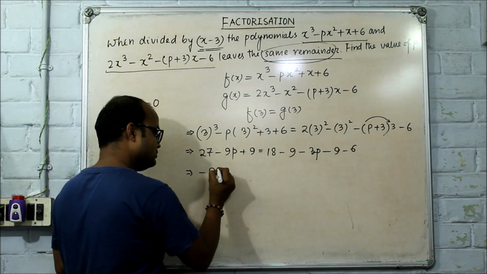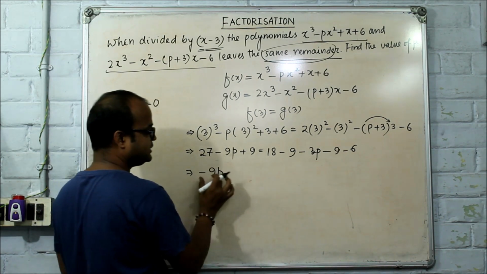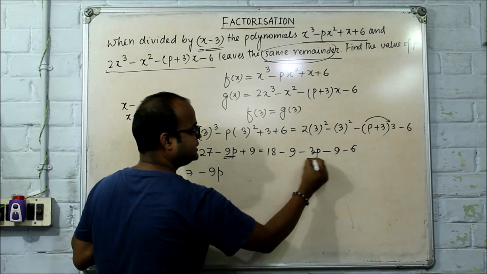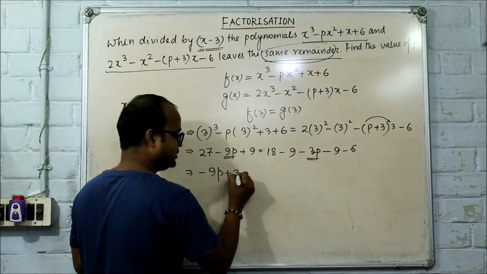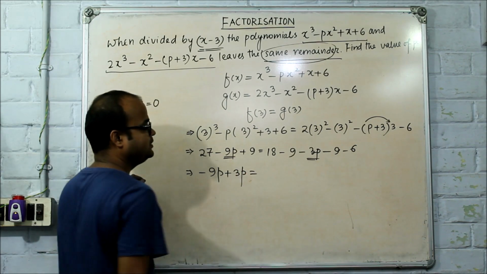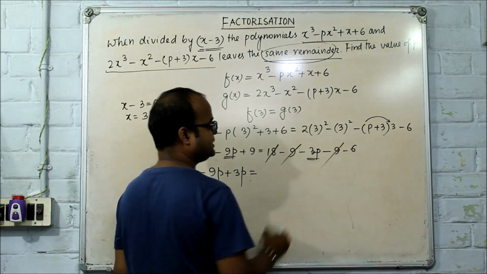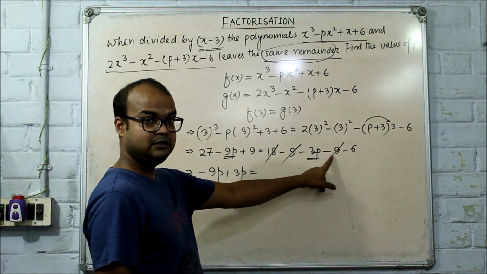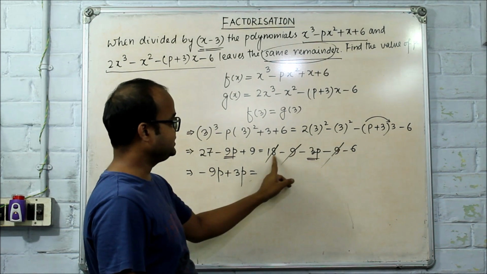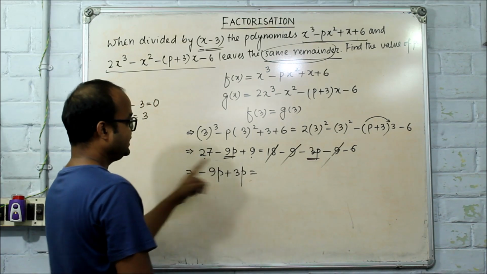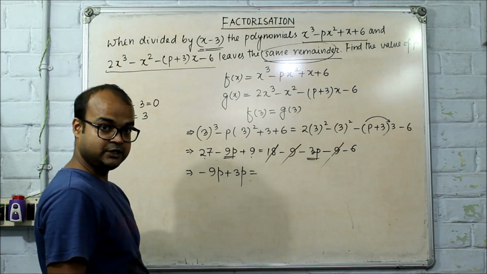So now separation of variables: we take the variable p on one side, so minus 9p, and this minus 3p we bring to the other side, so it will become plus 3p. Then 27 plus 9 is equal to 36.